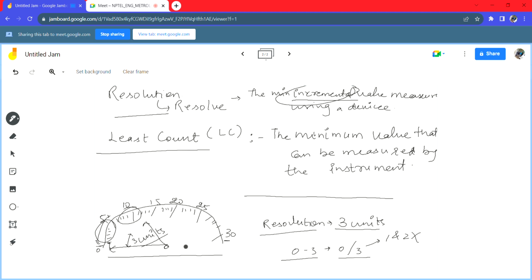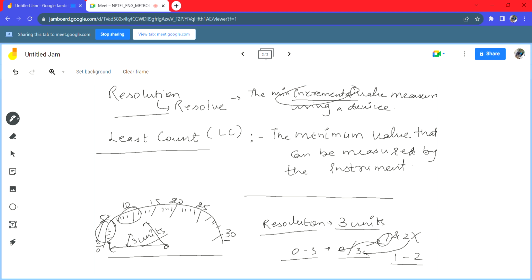So if a value is near 0, it would approximate it to be 0. And if a value is close to 3, it would approximate it to 3. It would not give me values such as 1 and 2. So this is the resolution of my device: the minimum value it reads as the increment.